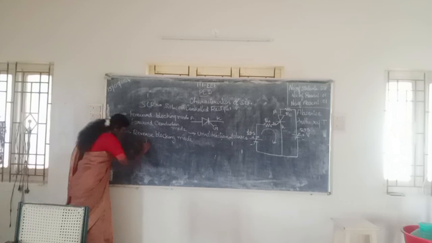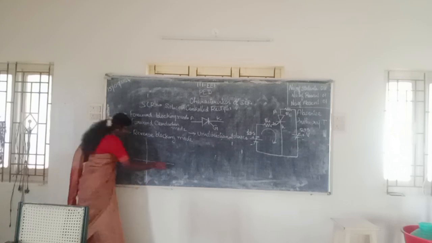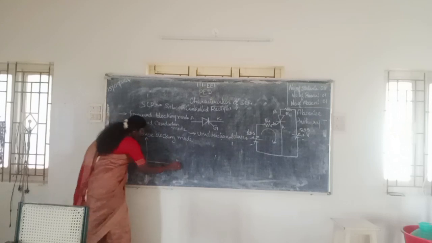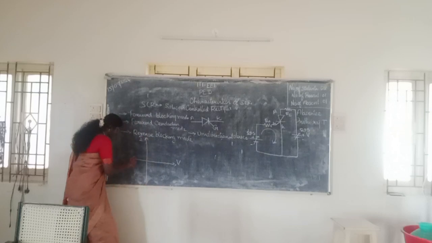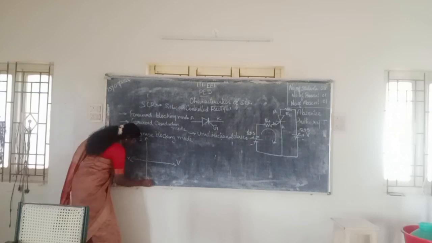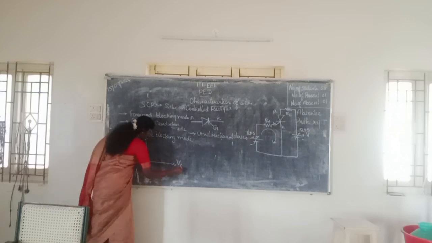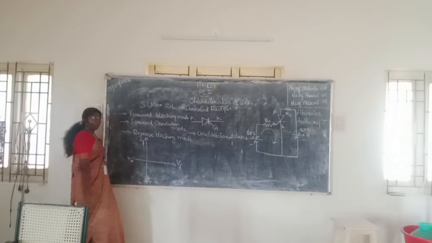Based on this, just as we saw for the diode, it will be similar: VI characteristics both in the reverse bias condition as well as in the forward bias condition.